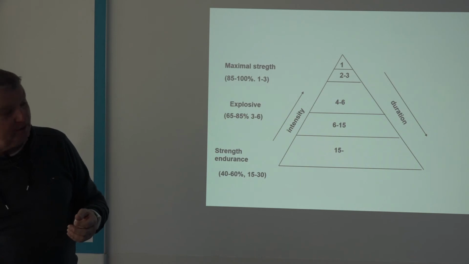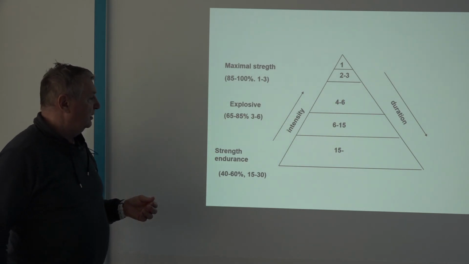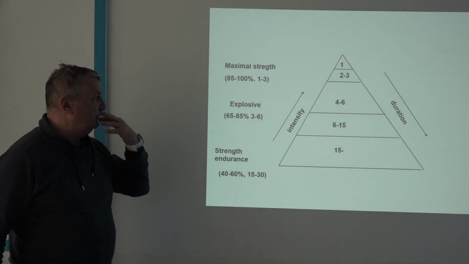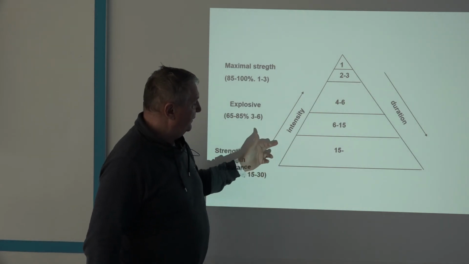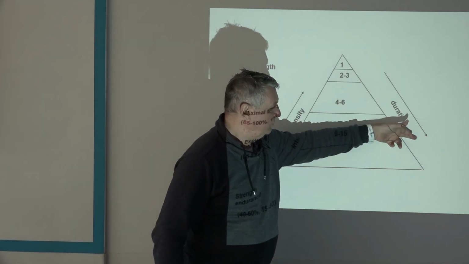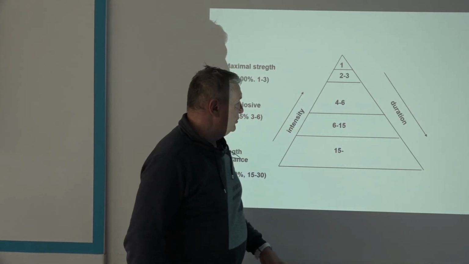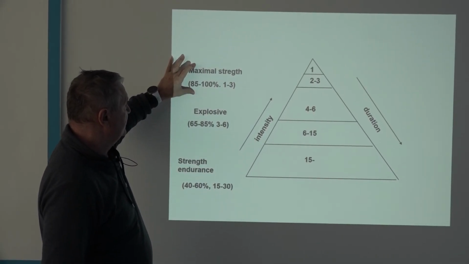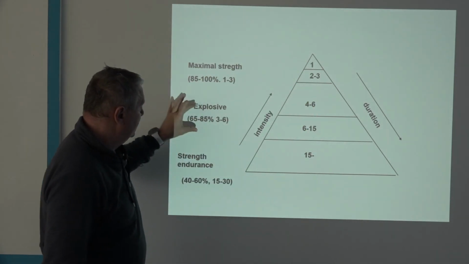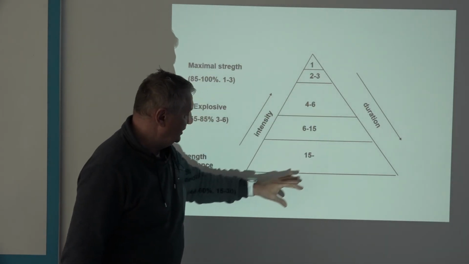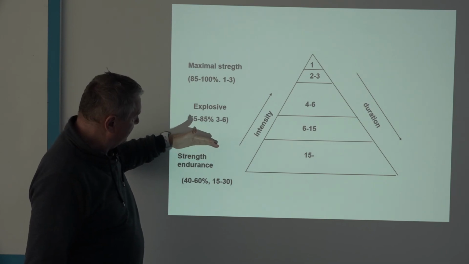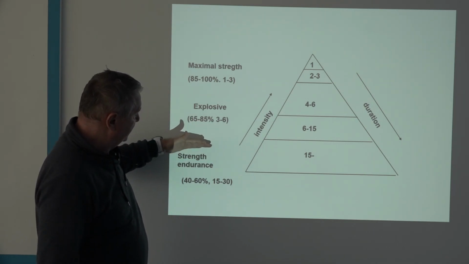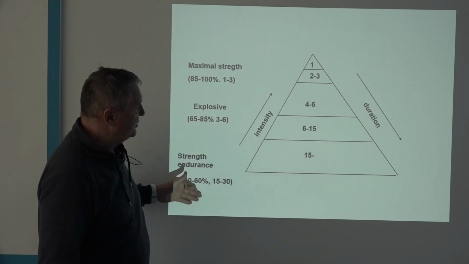Okay. This is the so-called force pyramid. If you increase the intensity, naturally you have to decrease the duration. Here in this zone, which is called maximal strength, here explosive strength, and over lower intensity than 50% is strength and endurance.